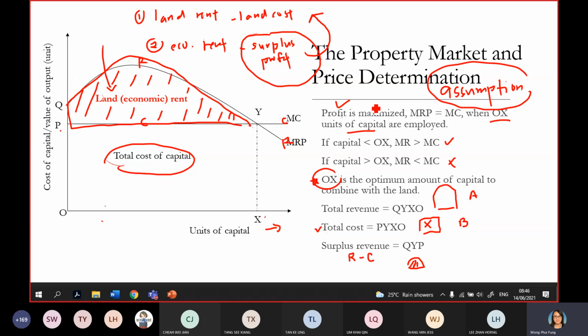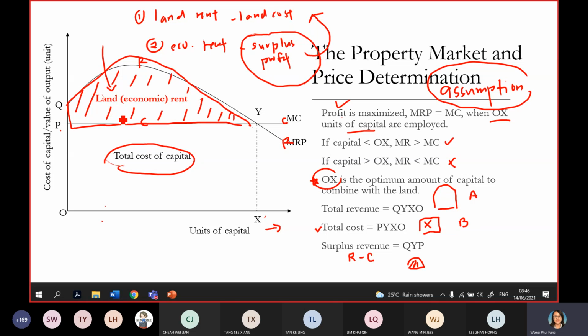Ceteris paribus. Assume only, because in reality, they do not do that. Where got people so stupid? Whatever profit they receive, they use it to pay for the cost. But in this context, we just make an assumption that whatever profit generated, the developer uses it to pay for the land cost for the landowner.